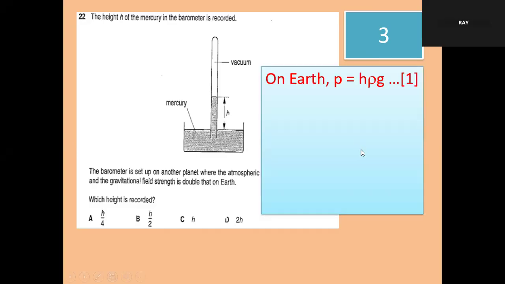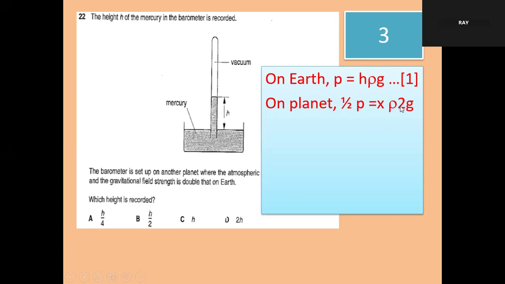The height h of a mercury barometer is recorded. The barometer is set up on another planet where the atmospheric pressure is half that of the Earth. Gravitational field strength is double that of the Earth. What's the height recorded? It's recorded on Earth. So on Earth, P is hρg. On the other planet, you are told the pressure is half. The height is what you want to find. The density is the same, you are using mercury.